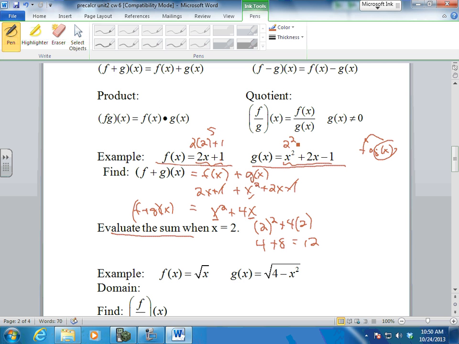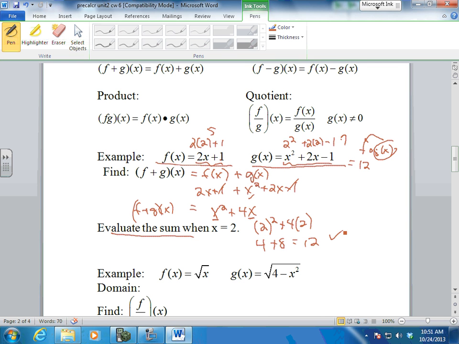Then 2 squared plus 2 times 2 minus 1 gives us 4 plus 4 is 8, minus 1 is 7. Then we add them together, and we would get 12. So we're creating one rule to take the sum. It's kind of like your composition of functions. Create one rule, and then you don't have to keep doing them in two steps.